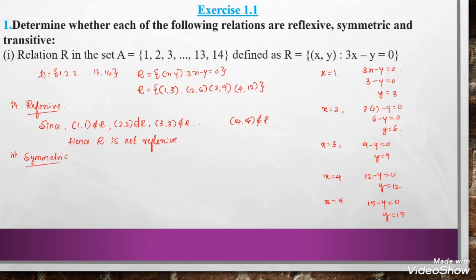Here, according to the definition, since the ordered pair (1, 3) belongs to R, but (3, 1) does not belong to R, for every element 1, 3 belonging to the set A, (1, 3) belongs to R but (3, 1) does not belong to R. Hence, R is not symmetric.